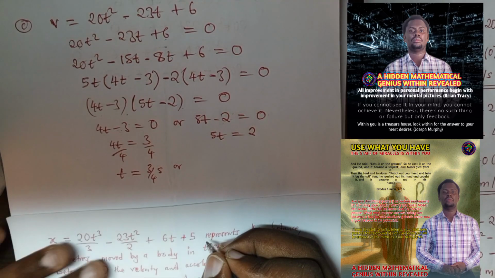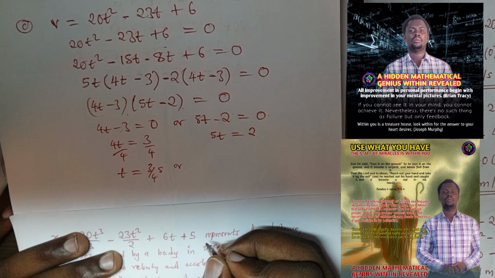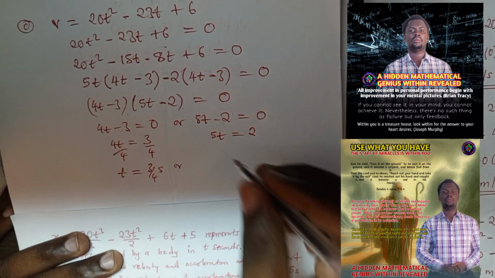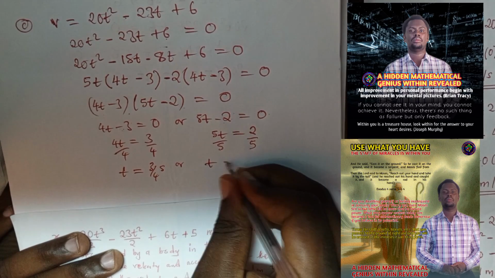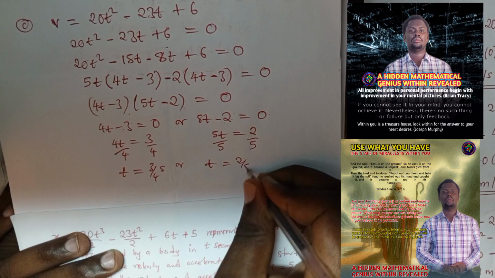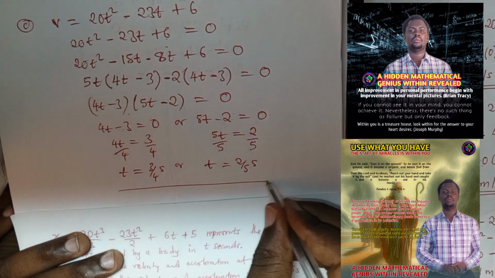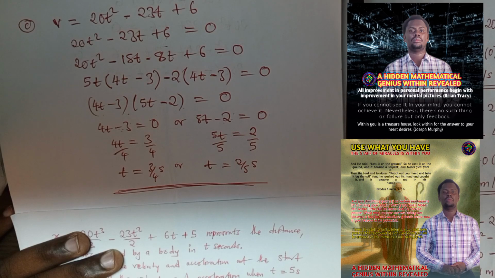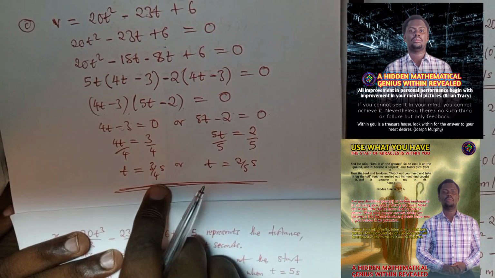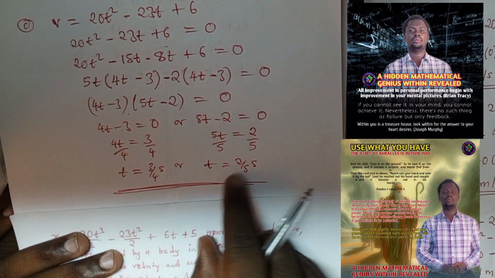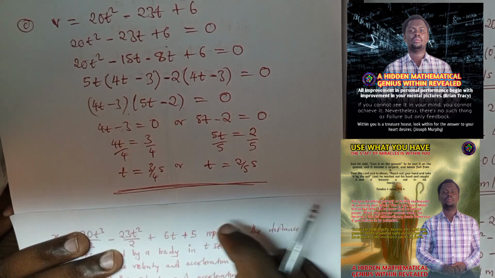Then to remain with t, you divide through by 5, so over 5 over 5. So t is equal to 2 over 5 seconds. So the two values of t when the body is at rest are t is equal to 3 over 4 seconds, or t is equal to 2 over 5 seconds.